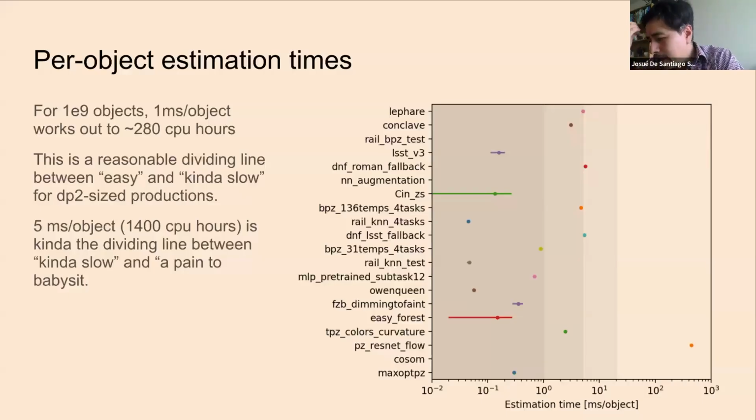Still, it will be interesting to check if some of those could be improved, because some of them, like Lefer or Conclave, that are kind of slow, were doing pretty well in all the other metrics. So maybe it could be interesting to see how to improve the execution times.